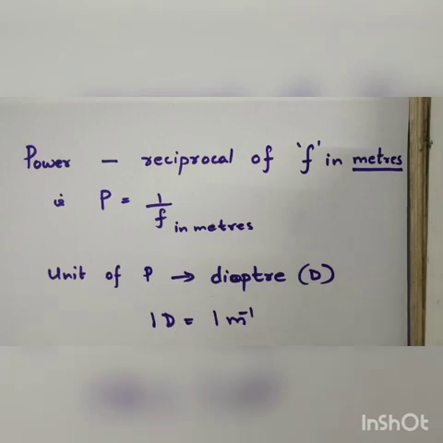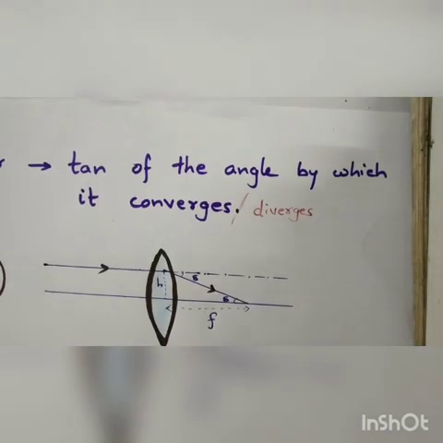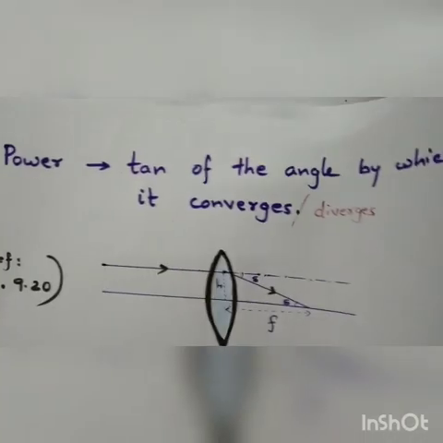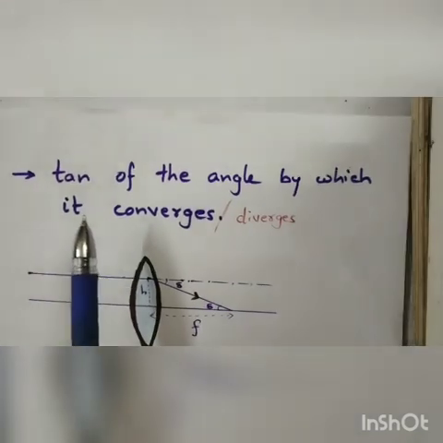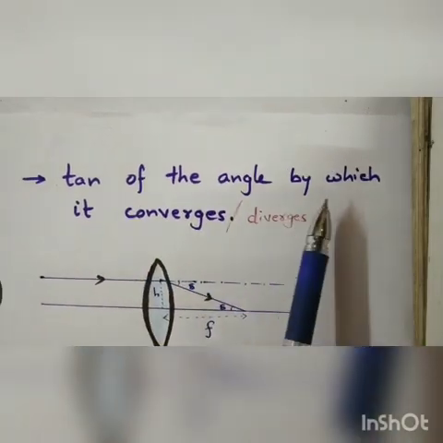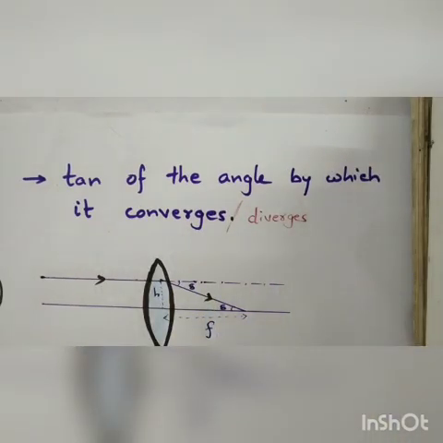Now in your textbook there is a definition for power. It is like this: the power of a lens is the tangent of the angle by which it converges light. I told you for a convex lens, the light converges.